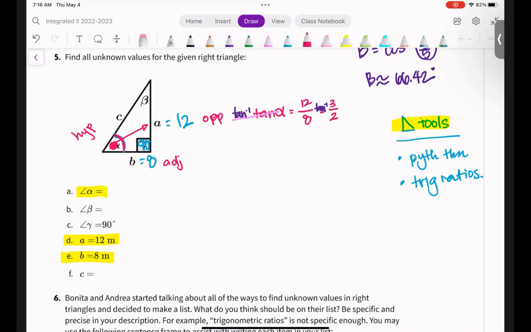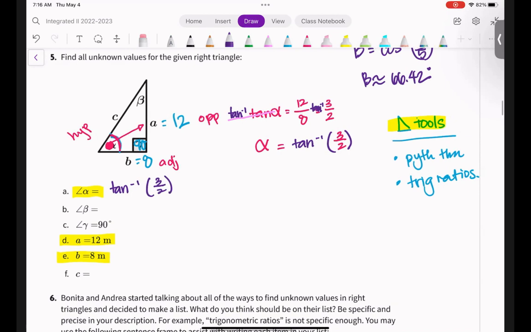So all you're left with is alpha equals tangent inverse of 3/2. Okay, so that's your answer. So we write tangent inverse of 3/2, and whatever that is equal to, that's what you write.